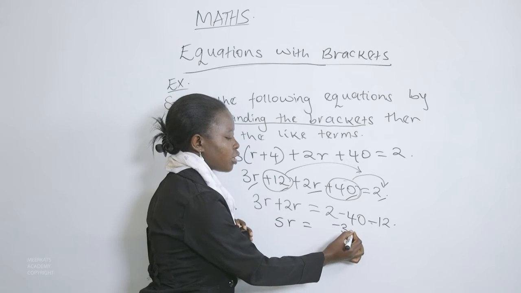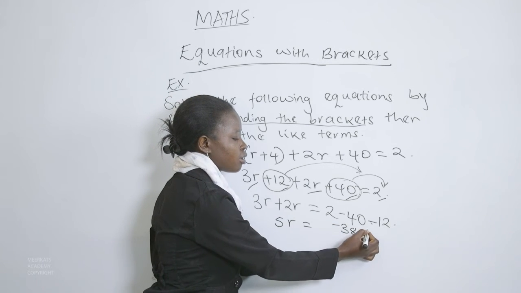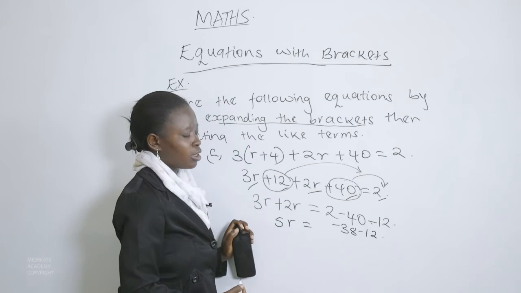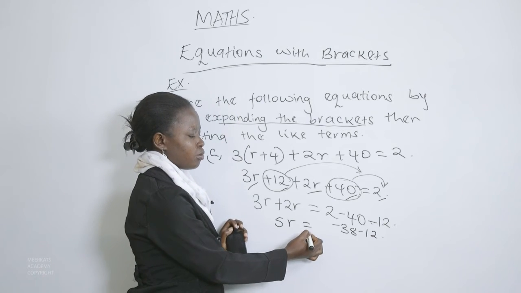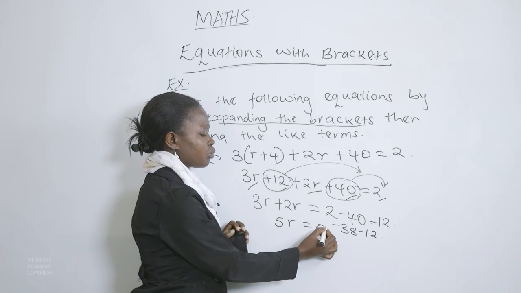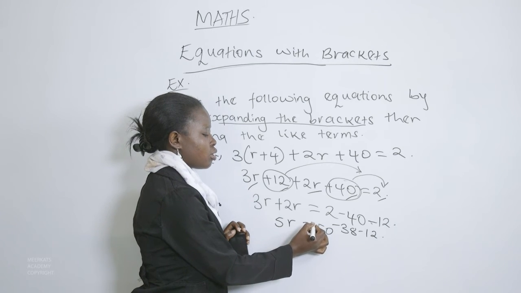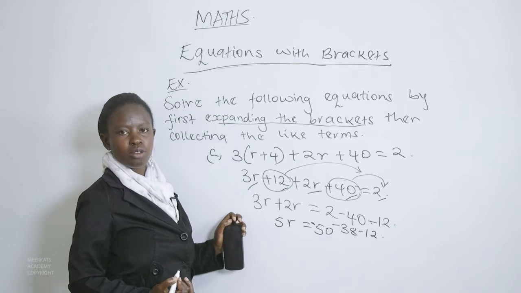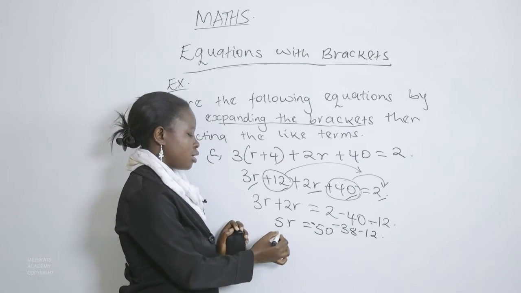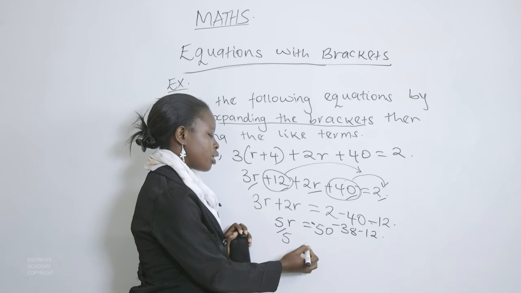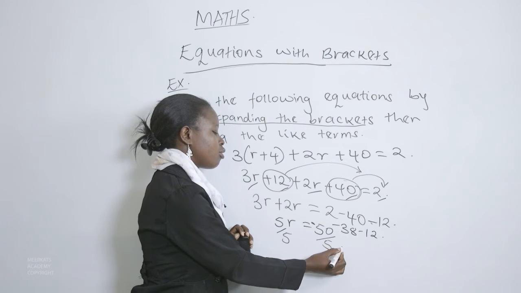So we have negative 38 minus 12. Negative 38, when we subtract 12, we get negative 50. So to get the value of r, divide both sides by 5.